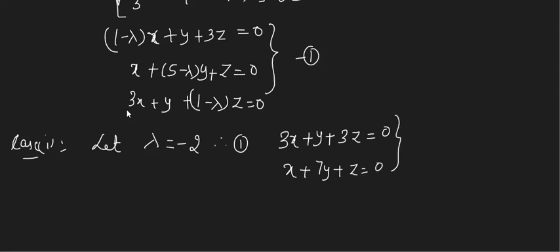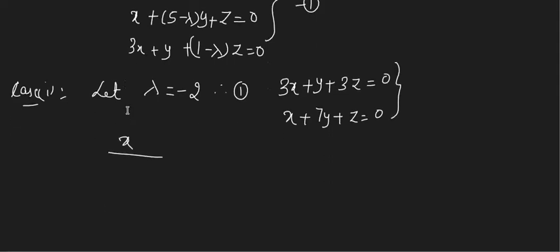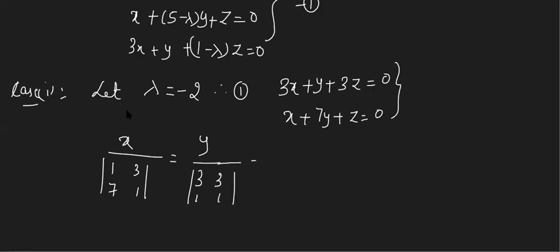Very good. Let us solve it by cross multiplication. x upon the coefficients of y and z: 1, 3, 7, 1. y upon 3, 1, 1, 3, 1, and z upon 3, 1, 1, 7, 1, 7.